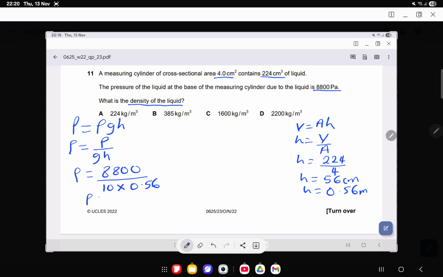So our density is equal to 1,571.4. If you round it to 2 SF, we're going to get our density to be equal to 1,600 kilogram per meter cube. So therefore, our answer is C.